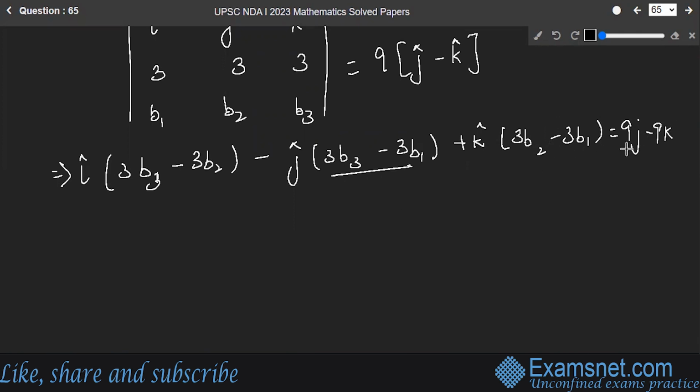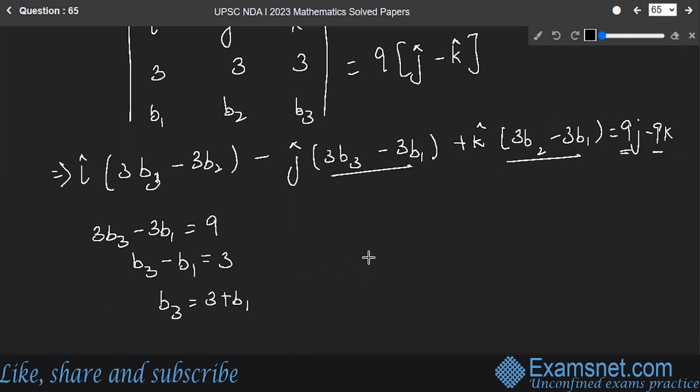So let's do the comparison. The i component is equal to 0, the j component is equal to 9, and the k component is equal to minus 9. Sorry, here was minus j, so this has got to be minus over here.